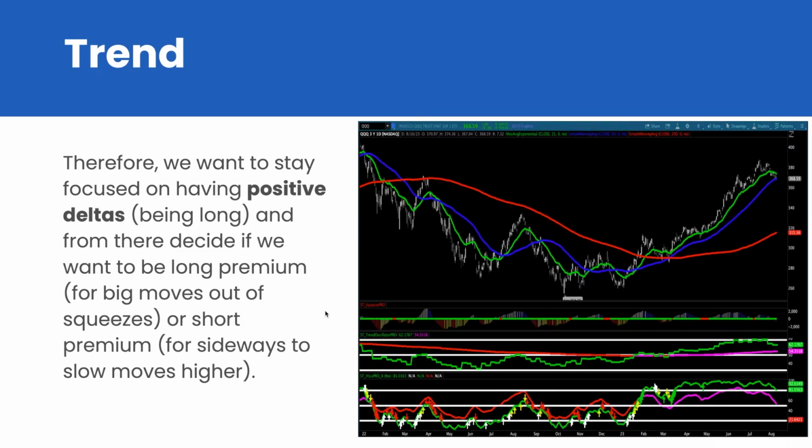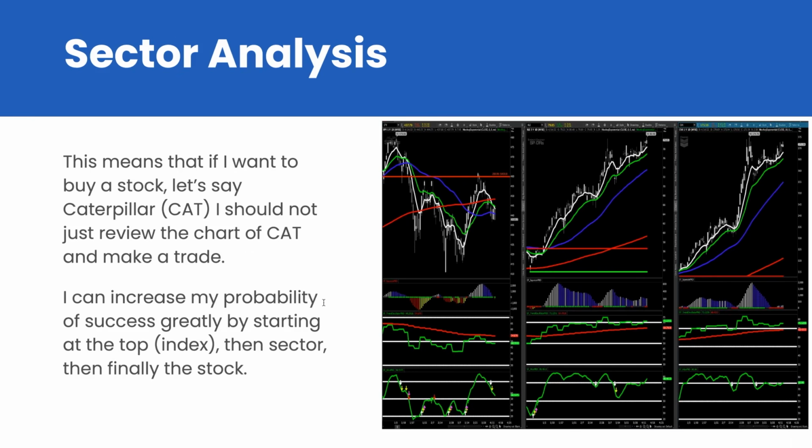Next step would be something like sector analysis. So this means that if I want to buy a stock, in this case let's say Caterpillar, I should not just review the chart of Caterpillar and then make a trade. I think in that situation I would be missing a big component of what's going on.